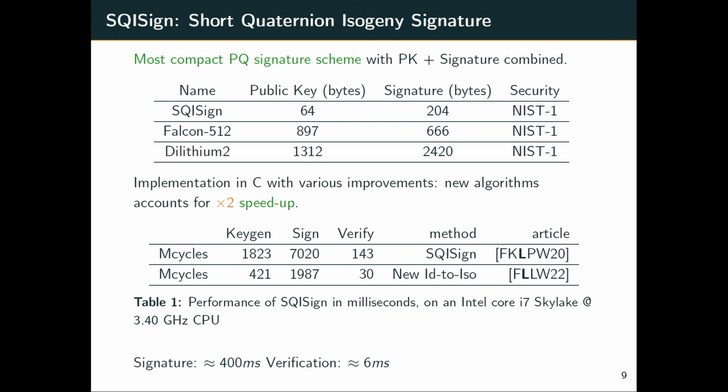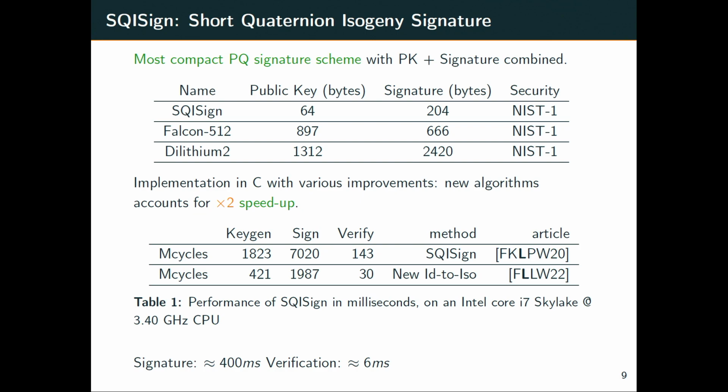So I'm going to stop there, and I hope with this talk I convinced you that SQIsign is on the way of getting to nice times. Of course, it's several orders of magnitude slower than lattice-based schemes, and to be honest, I don't think it will ever be as fast as Falcon or Dilithium, but at least we are getting down to times which seem reasonable.